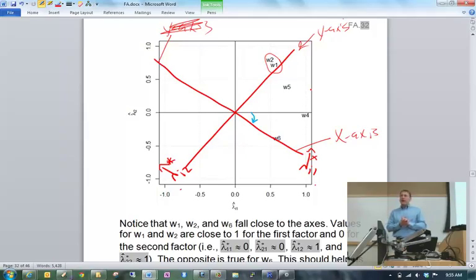And so now our factor analysis model will be a little bit easier to interpret if we simply choose those corresponding lambdas. And so what this T matrix does is basically allow you to rotate your axes in this manner. We want to choose a T matrix that gives us something that looks like that.